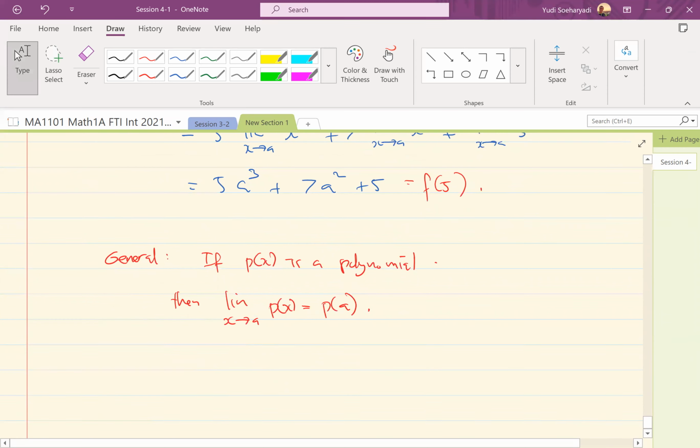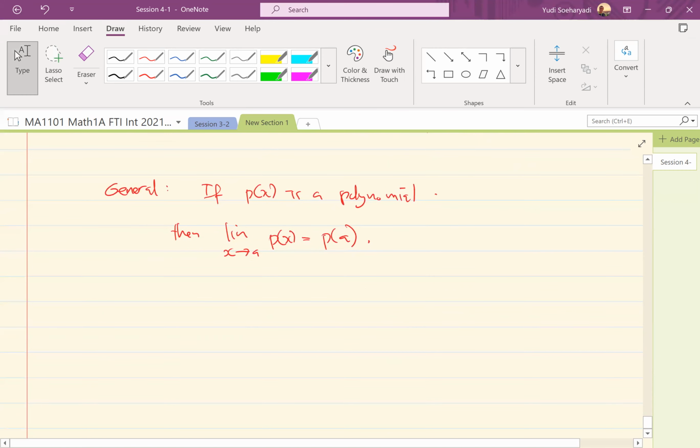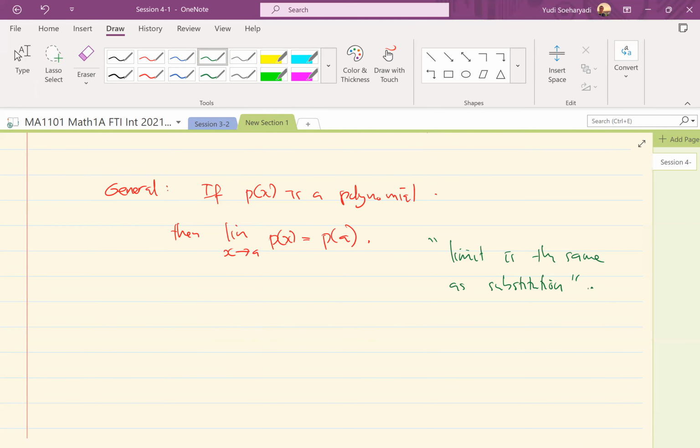This is what I call the trivial part of the limit, the easy case, when the limit is the same as substitution, derived through the definition of limit.